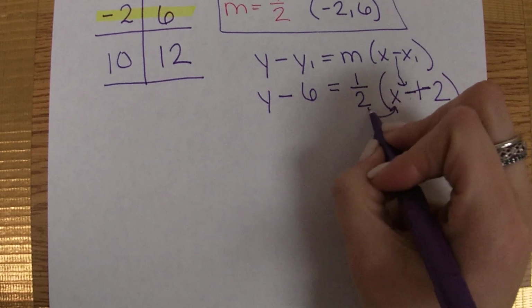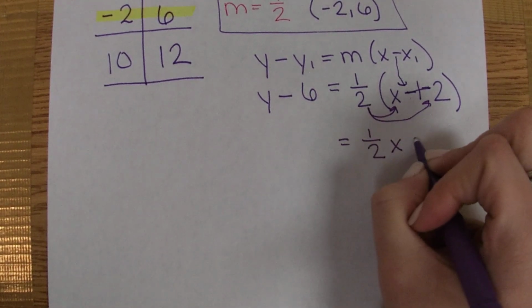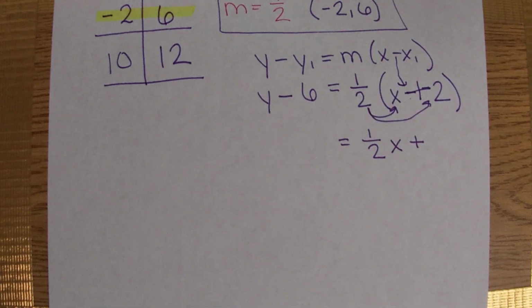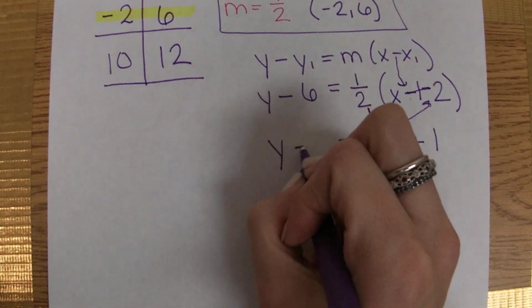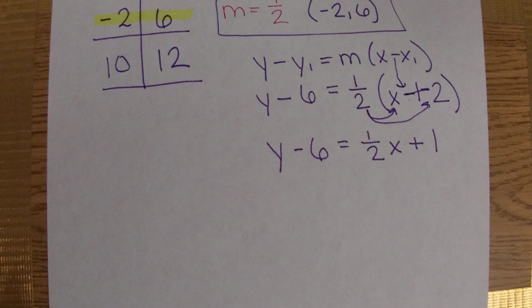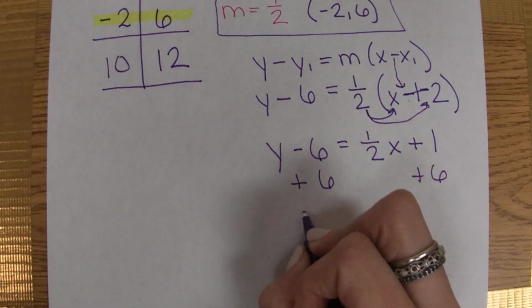So now we'll distribute. So 1/2 x plus, use your calculator if you need to, right? We'll take 1/2 times 2, which gives us 1. We'll undo subtracting 6 by adding 6.